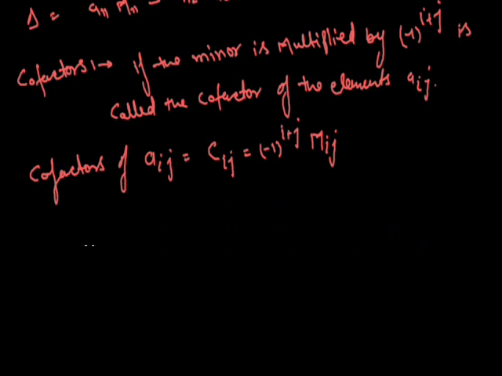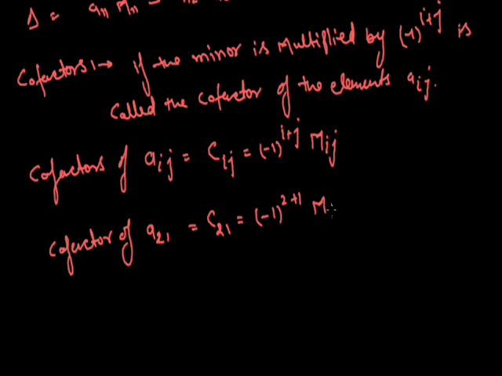Now let's take the cofactor of A21, which is C21, minus 1 whole power 2 plus 1, M21. It's minus, and the M21 is A12, A13, A32 and A33.